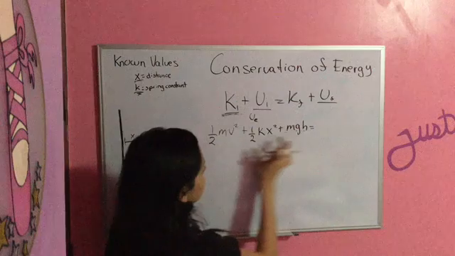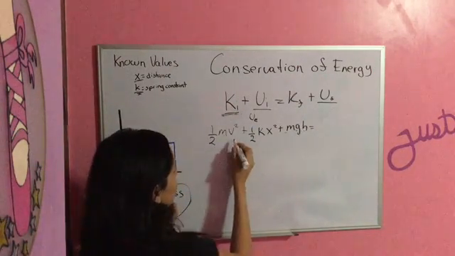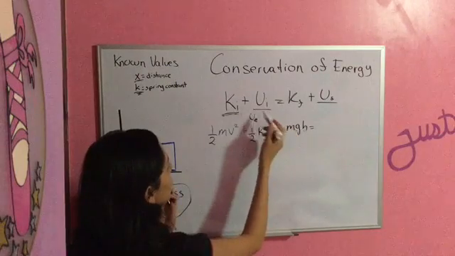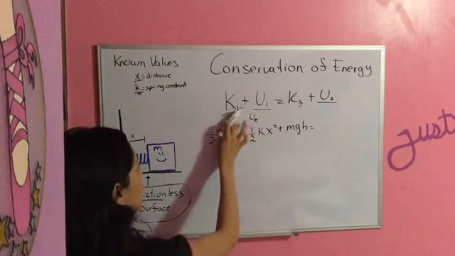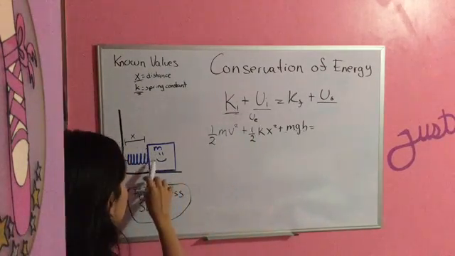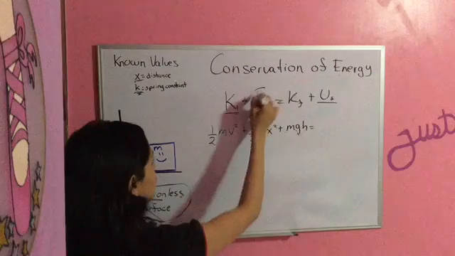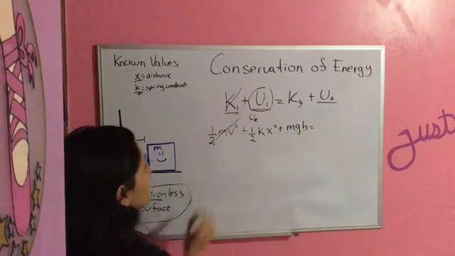It's the same equation, but with different values. For example, here the only energy on the block is potential energy, since it's not moving, so this part can be removed.